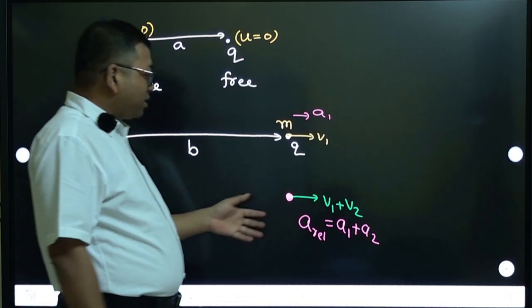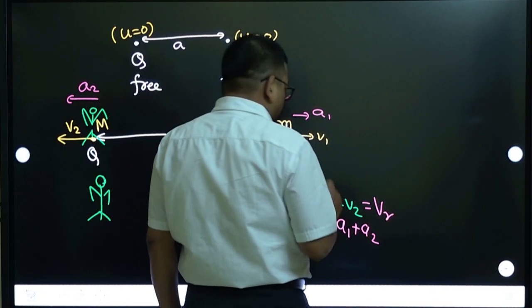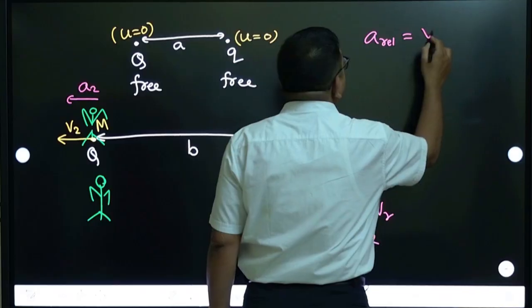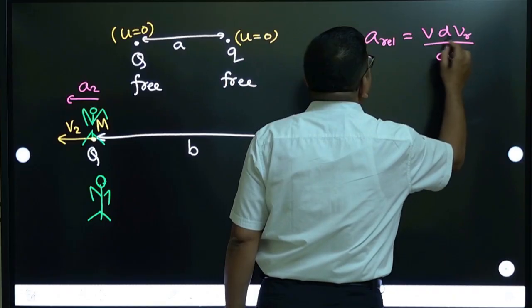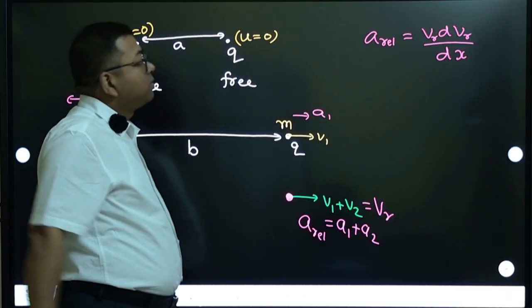This is relative velocity, which you can write as vr. So relative acceleration can be written as v dv by dx, where v is relative velocity and x is the separation, the relative position.